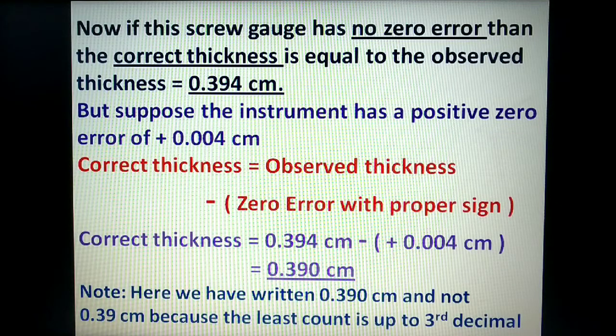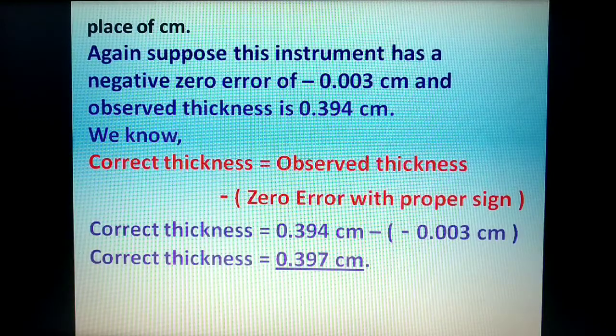Now please note, here we have written 0.390 centimeter and not 0.39 centimeter because the least count is up to the third decimal place of a centimeter.